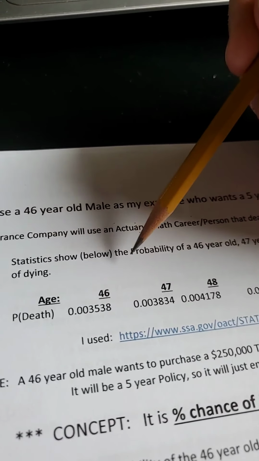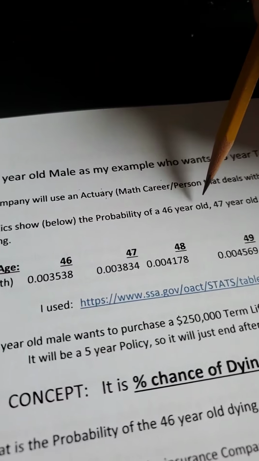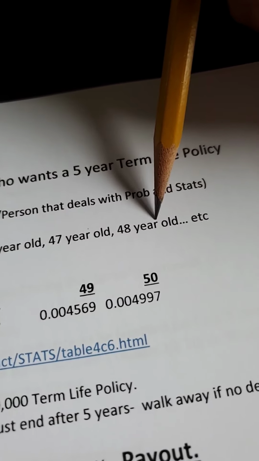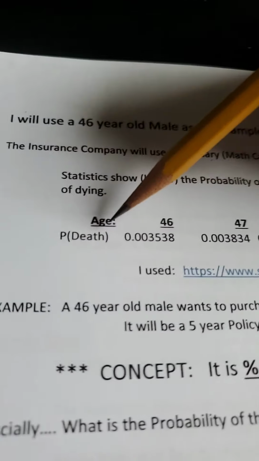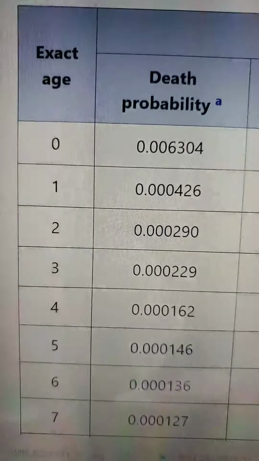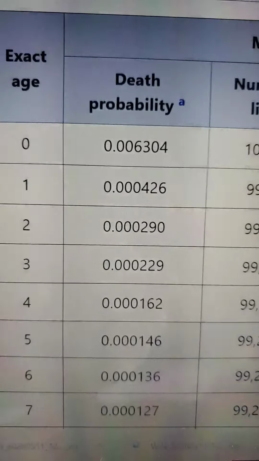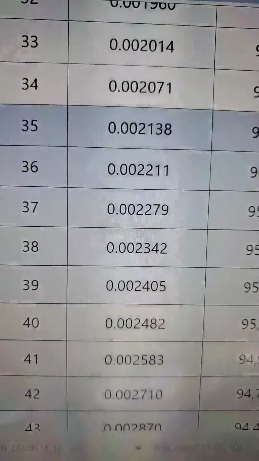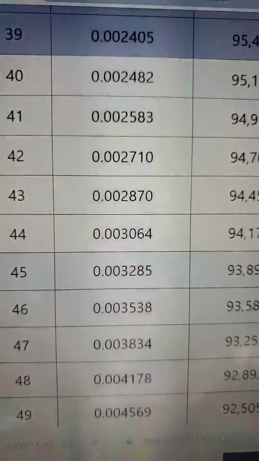Statistics show the probability that a 46-year-old will die, a 47-year-old will die, a 48-year-old might die, a 49, and so on. I got that from a statistical site that says what's the probability of a certain age group dying, and I was down in the 40s.